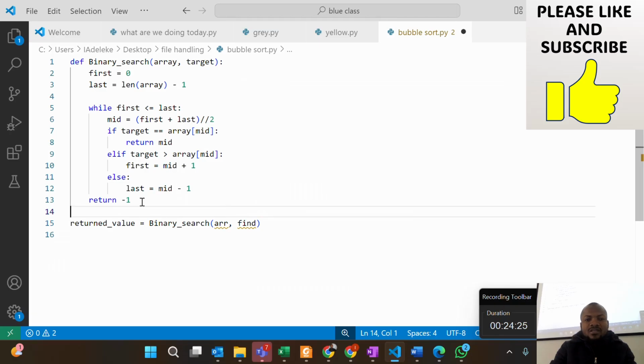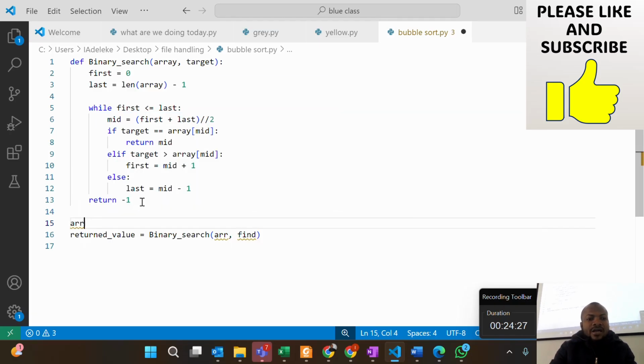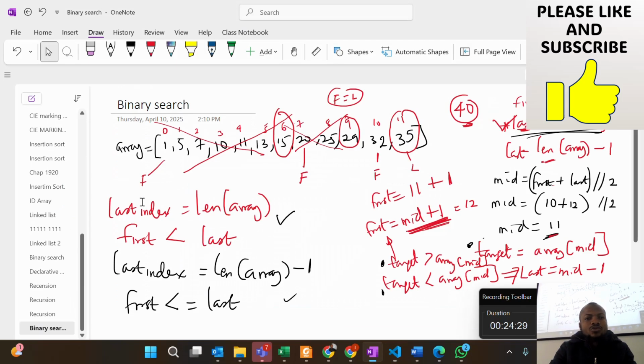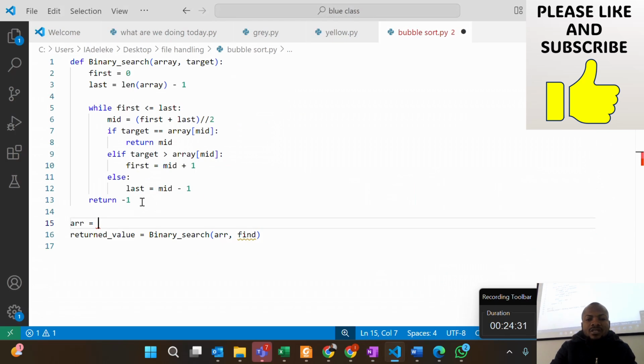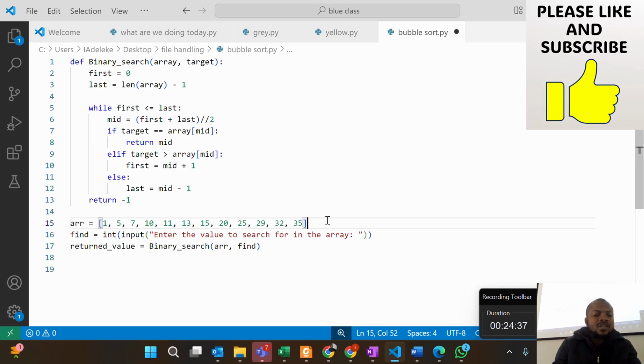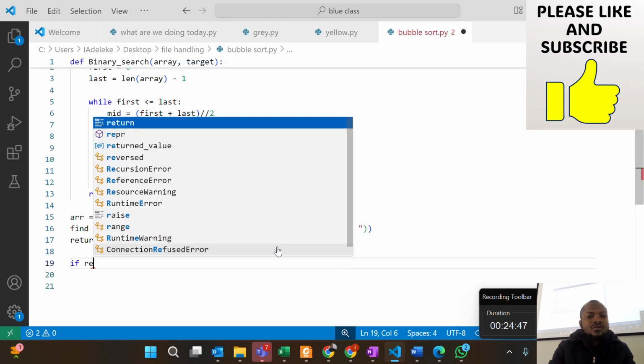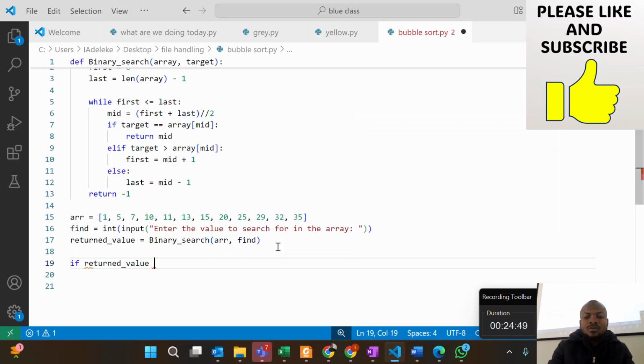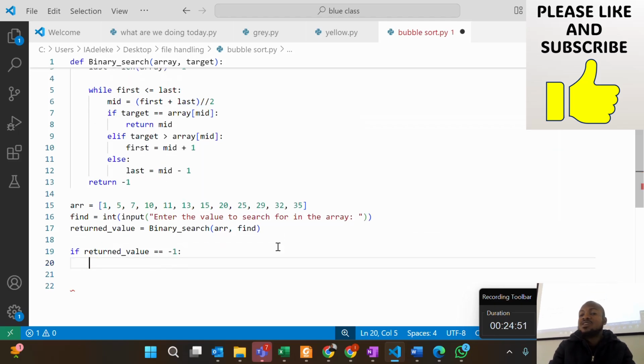So before writing that, I should have written that array is equal to 1, 5, 7, 10, 15. So now the array has been initialized. So find is expecting a value from the user, right? And I've converted that to an integer. So return value. Then I have to write that if return value is equal to minus 1, that means it's not found, right?